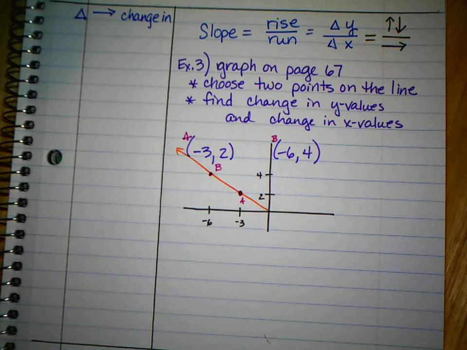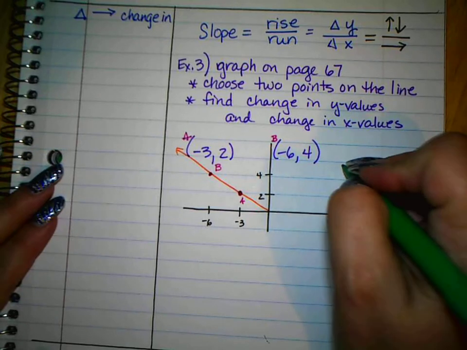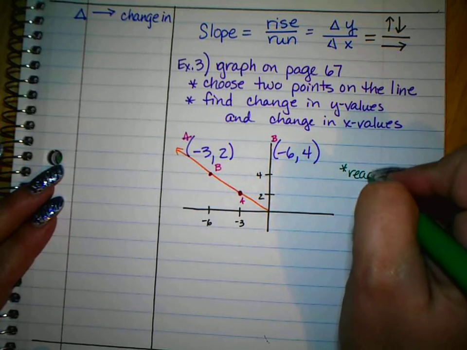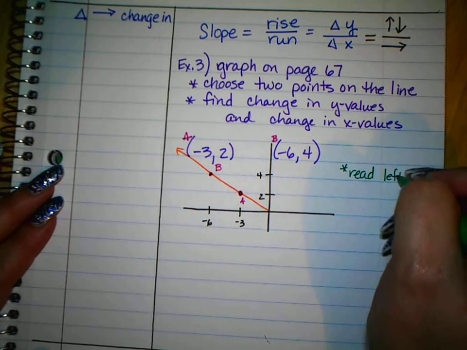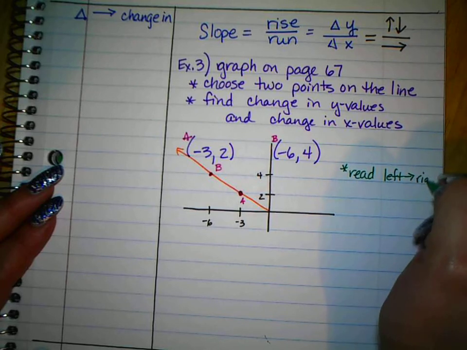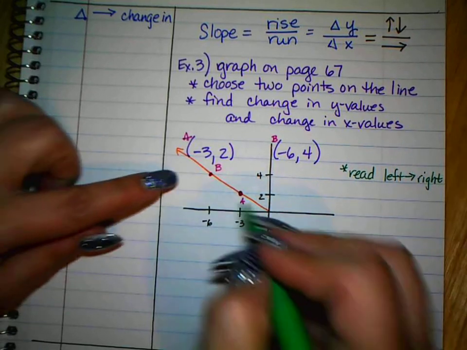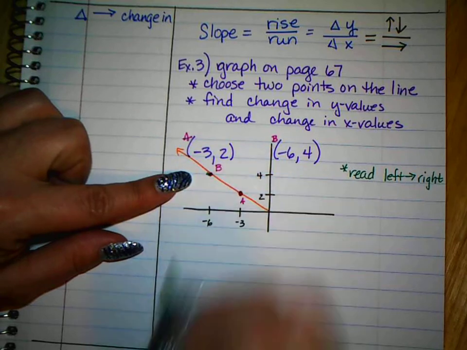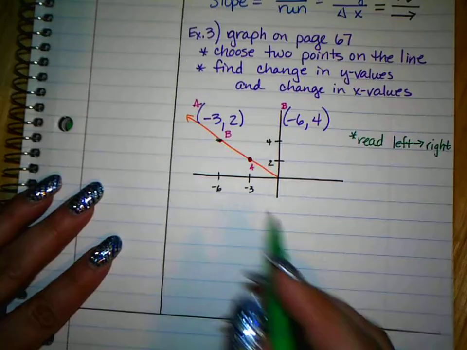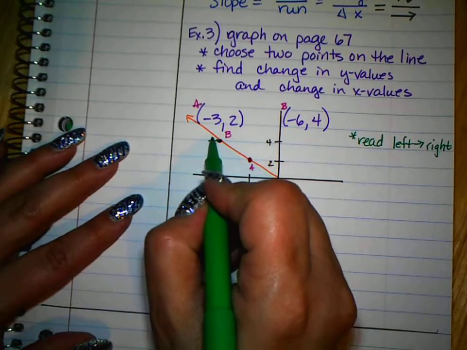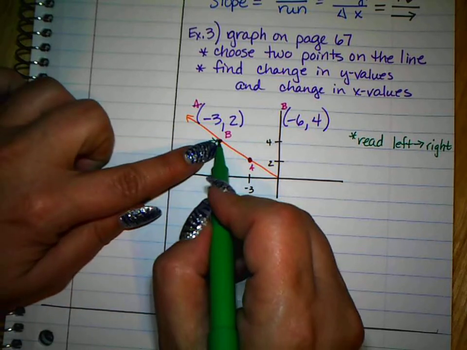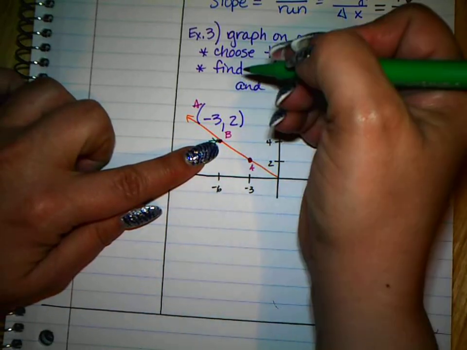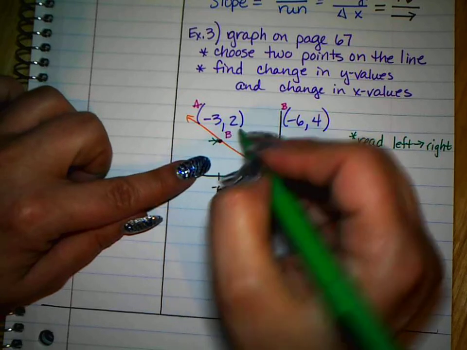Now, again, I'm going to tell you, read your graph left to right, which means I'm going to start with B. And as I go from B to A, I need to go down.